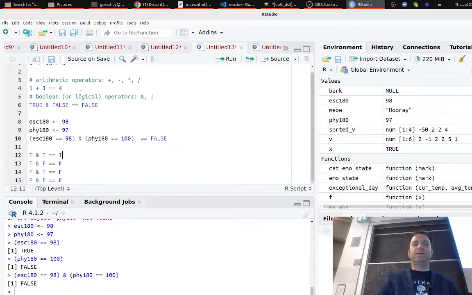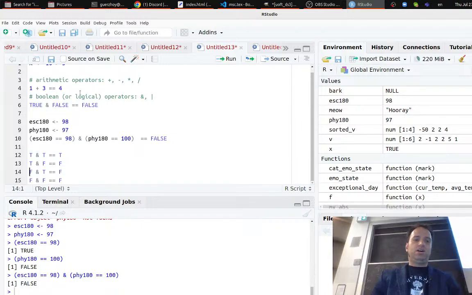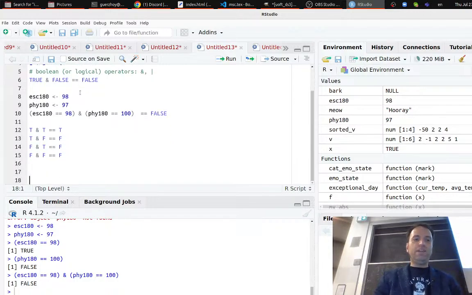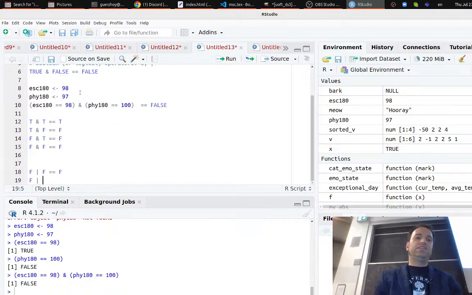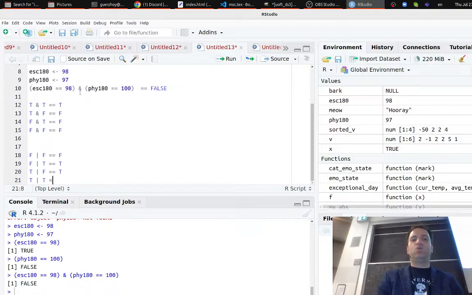The only way that something and something is true is if both the left and the right operands are true. So or works the other way. False or false is false, but everything else is true. If there is at least one true in the expression, then the whole thing is true.